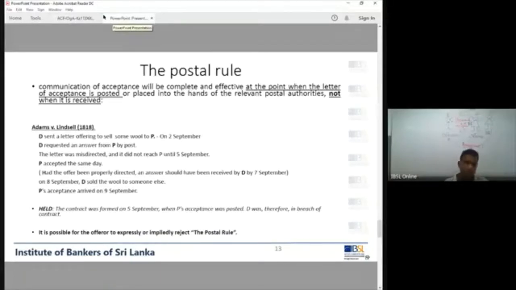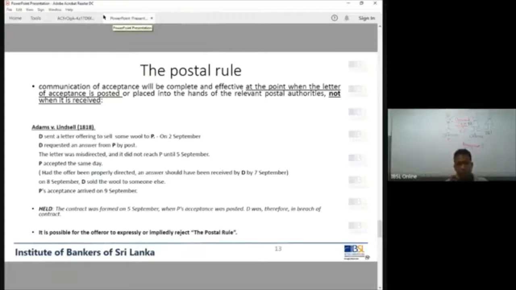In legal language, if the offeror makes the offer with a time limitation and the offeree accepts within the time limitation, but the communication is made later, after expiry of the time, is there a valid agreement? That is the question. We'll answer it after we study this principle.